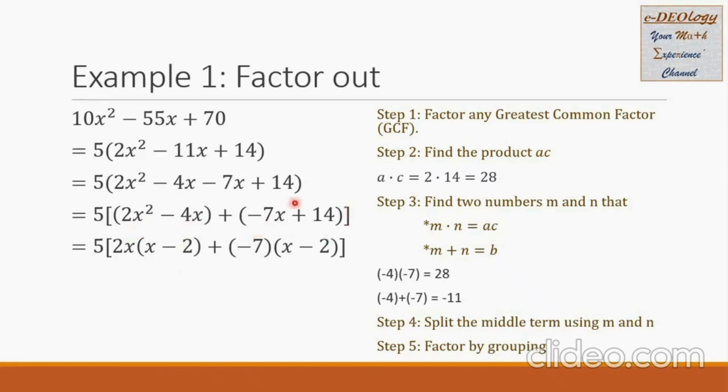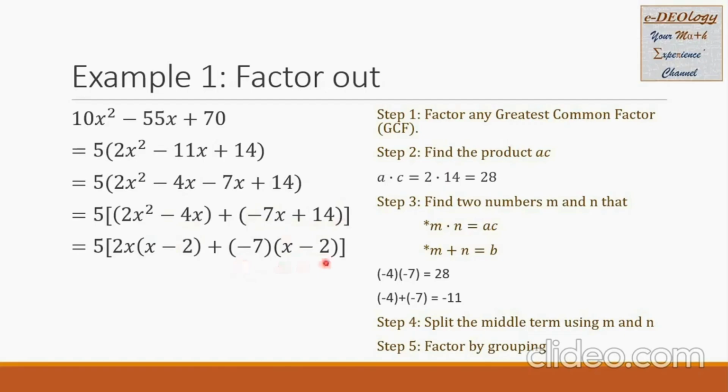Now for the second group, we want this x to be positive, so we're going to factor out a negative 7. When we factor out the negative 7, what remains here will be positive x. And for the positive 14, what remains is a negative 2.